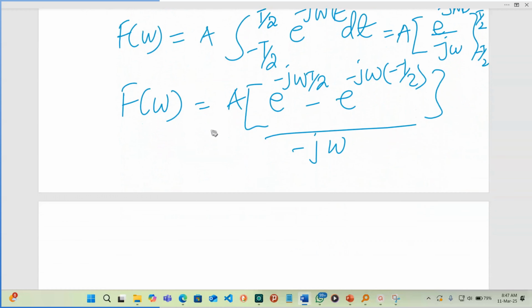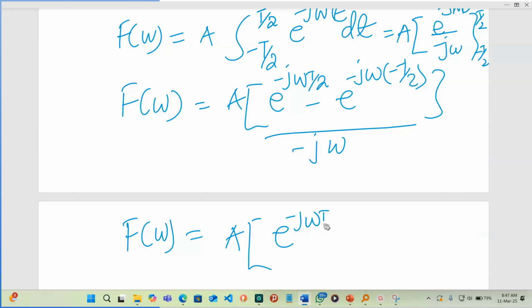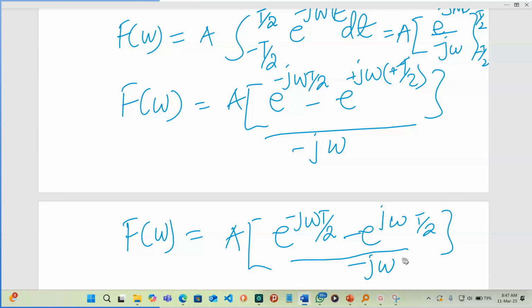Let's proceed. So the Fourier transform becomes A into exponential negative j omega T over 2 minus exponential of j omega T over 2, because the negative and negative cancel and we get a positive, divided by negative j omega.